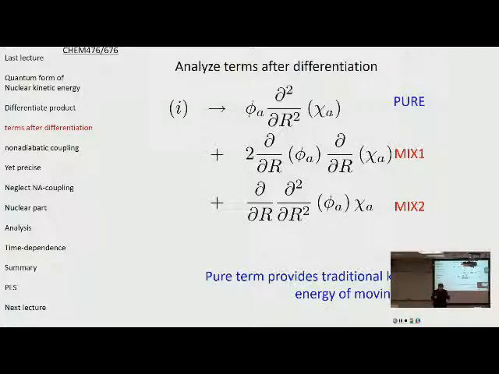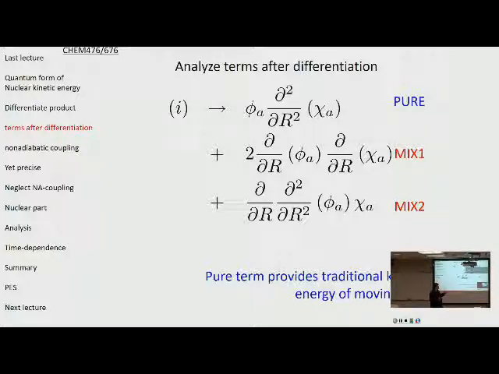We are plugging the superposition of electronic states into the general molecular Schrödinger equation, and we aligned it vertically rather than horizontally to shorten it, and we are talking about the first term, where the operator includes only nuclear kinetic energy, because 2, 3, and 4 were easy, and we are focusing on 1. After practicing this kinetic energy, which is nothing but a derivative, we see 3 types of terms. First, when the nuclear derivative is applied to the nuclear part, it's pure kinetic energy that we always should keep.